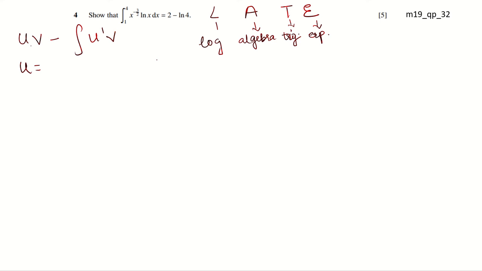So whichever letter or whichever word comes first, that type of function will be our u. So log comes first, right? So do we have a log function in this integral? Yes, there is ln x. So ln x will be equal to u.